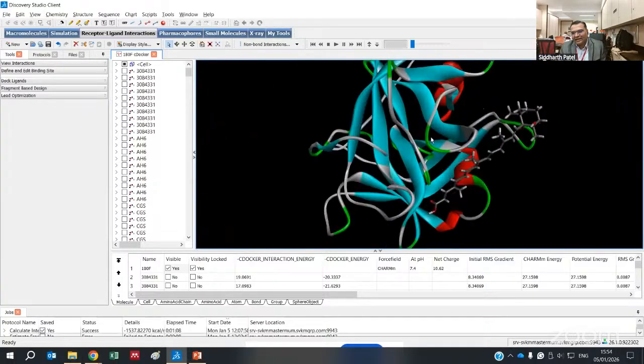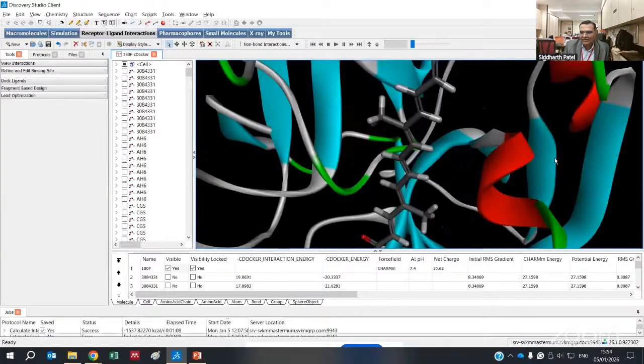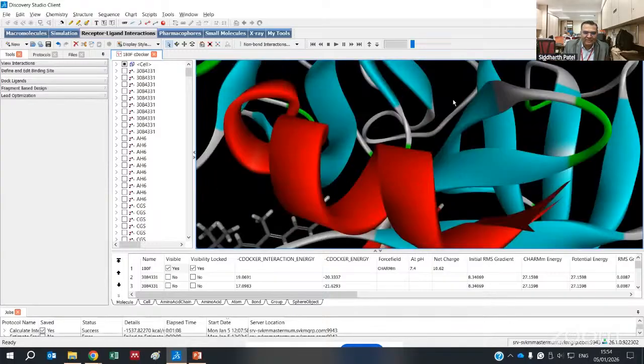everyone can see the green, cyan and red colors. Cyan color is the beta sheets and the red color is a helix. You can see the helical structure here, or even here you can see the spiral structure. So this is the alpha helix, and the cyan color that I've just selected, which is highlighted in yellow, is beta sheets, and the green ones are loops.